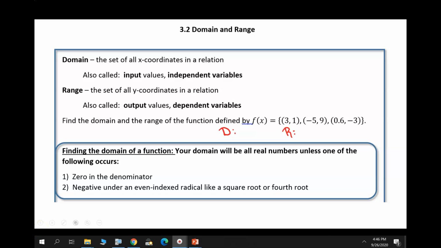In our last video, we spent a lot of time talking about domain and range, and we want to continue with that today. We said that domain was the independent variable, the values that we use for the independent variable. Frequently, that is X, but not always.